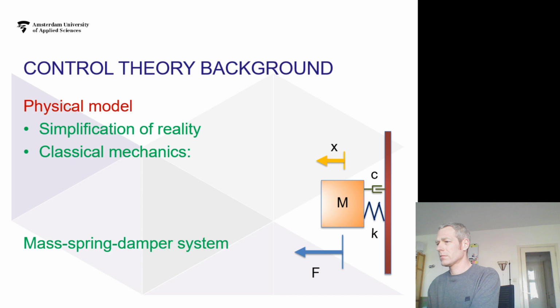Well, here in this slide, you will see a mass spring damper system. Over here, where we have a damper, a spring, and a mass, and an external force, and this will yield a second-order linear differential equation that we may want to change the behavior of.